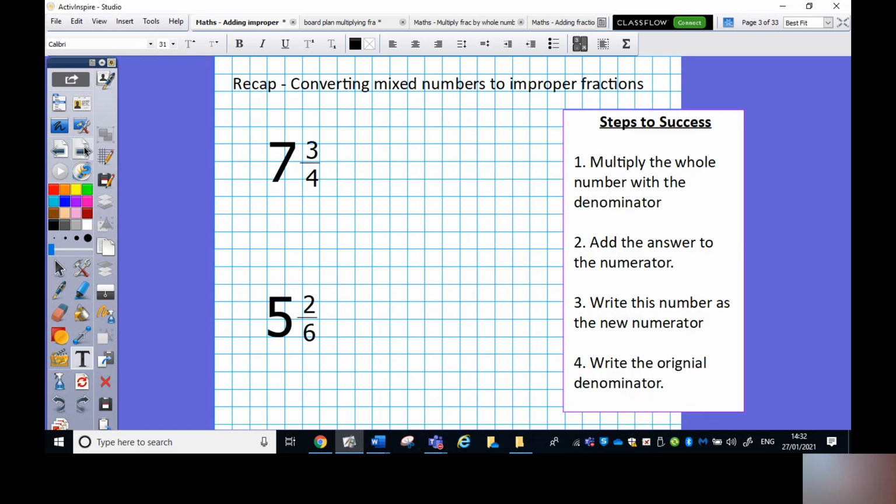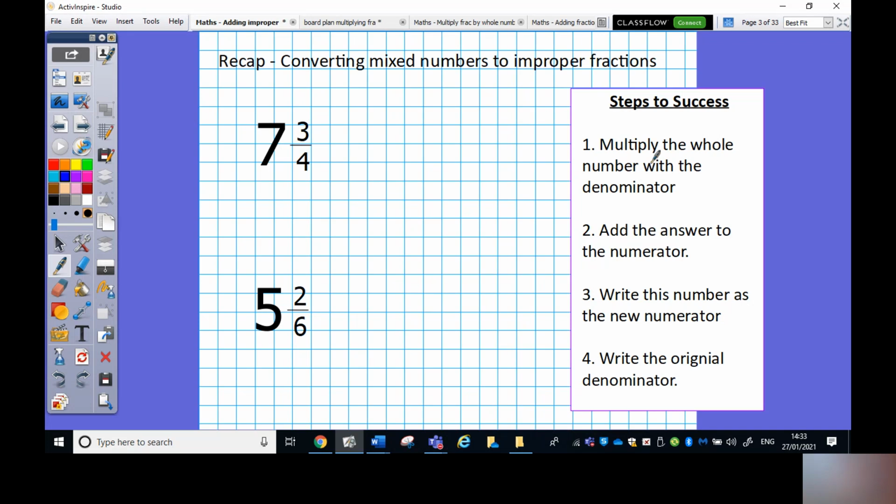Okay, let's convert mixed numbers to improper fractions. We're just going to review. So the first thing that we're going to do is multiply the whole number, which is 7, with the denominator, which is 4.